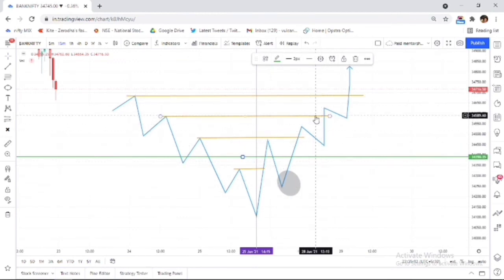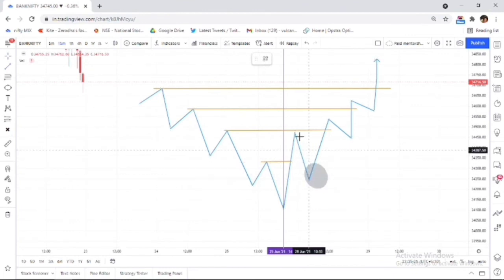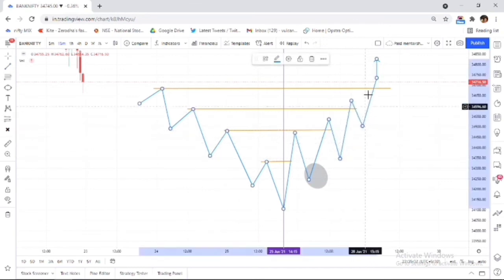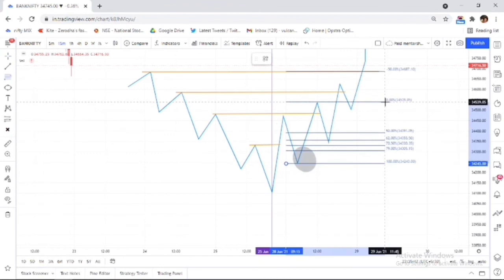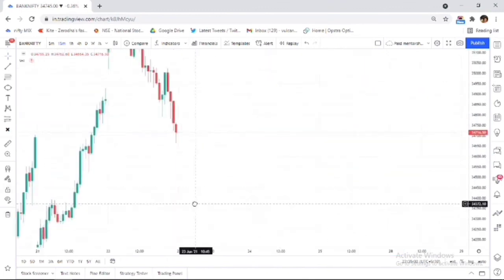So always try to find buying entries in the discount zone, below the equilibrium line. Now see how the market clears those stops, comes back again, takes the orders, and again goes up to clear the stops. And in this way you can make the entry, either using an order block entry or a Fibonacci entry.